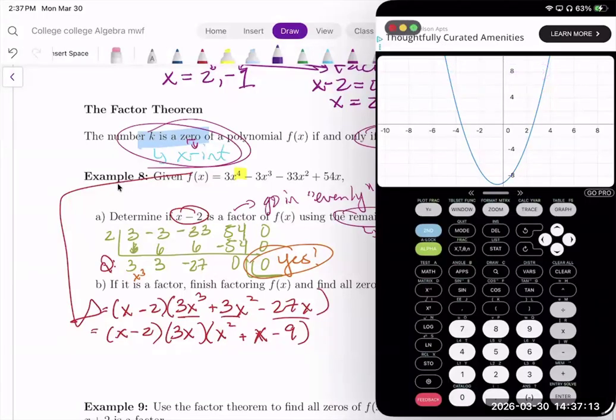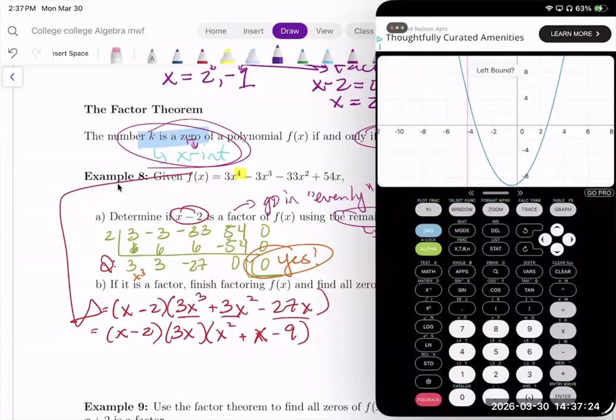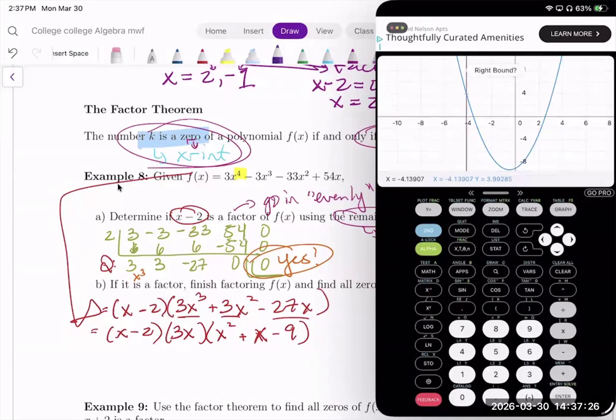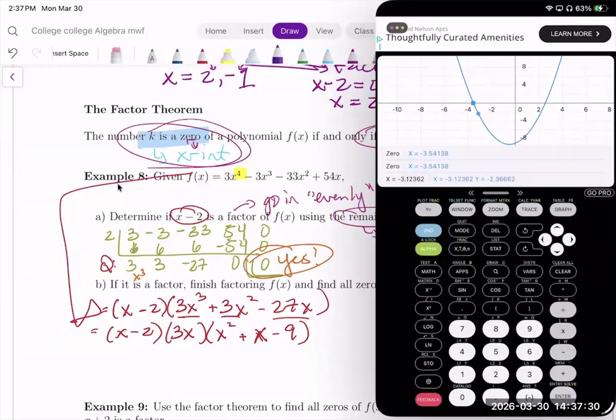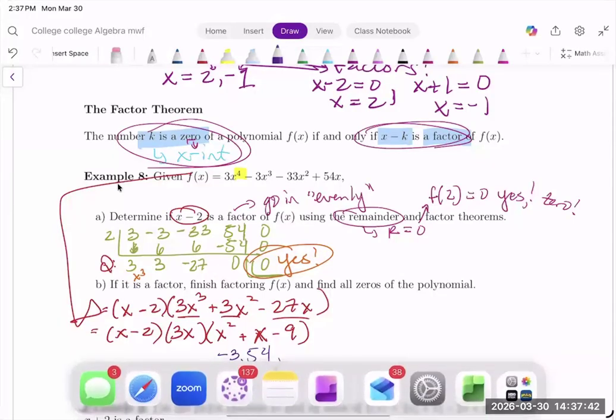So we get to do some fun quadratic equation. Well, actually, here, let's just do second calc, zero. So I'm just going to move it left bound. That's good. And then right bound, that's good. Enter. Okay. So I have a zero at negative 3.54. And then let's find that other one.